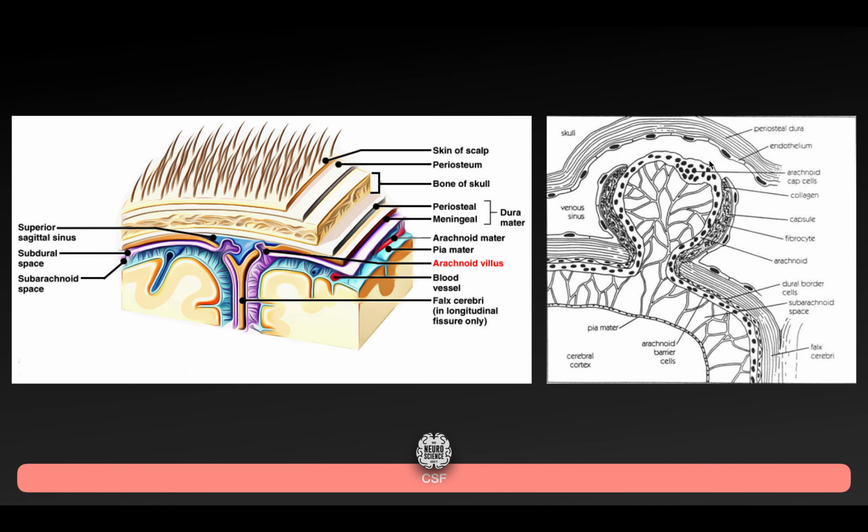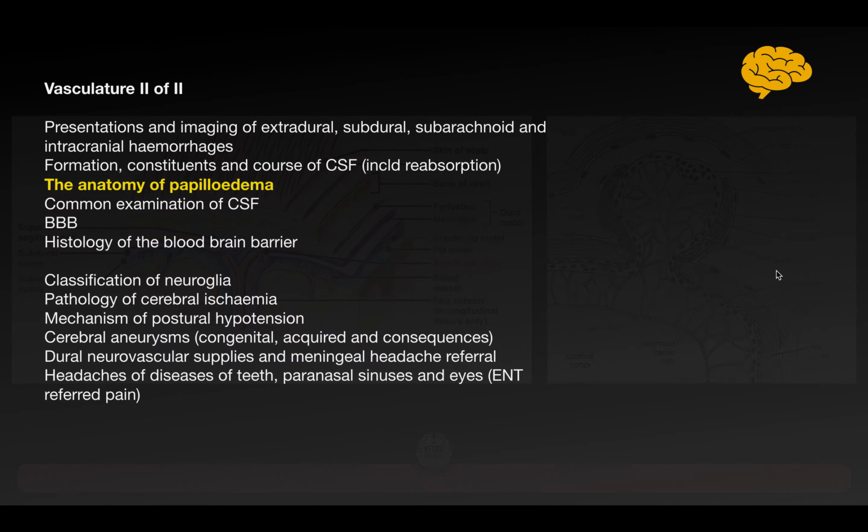CSF leaks through into the superior sagittal sinus, then the confluence of the sinuses, then the transverse sinus, then the sigmoid sinus and then the internal jugular vein.